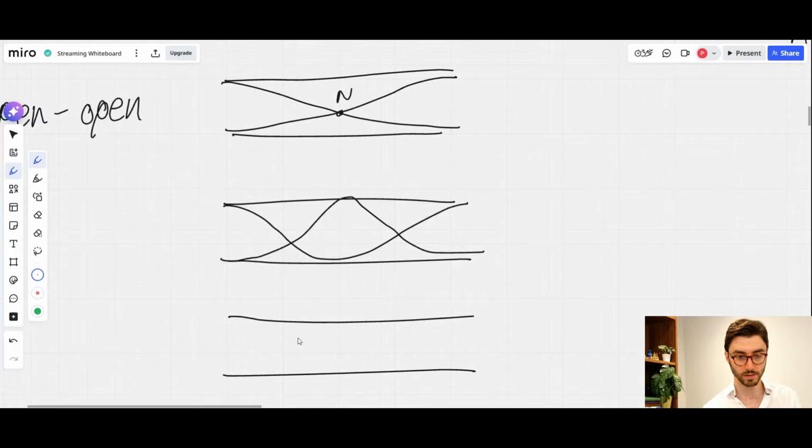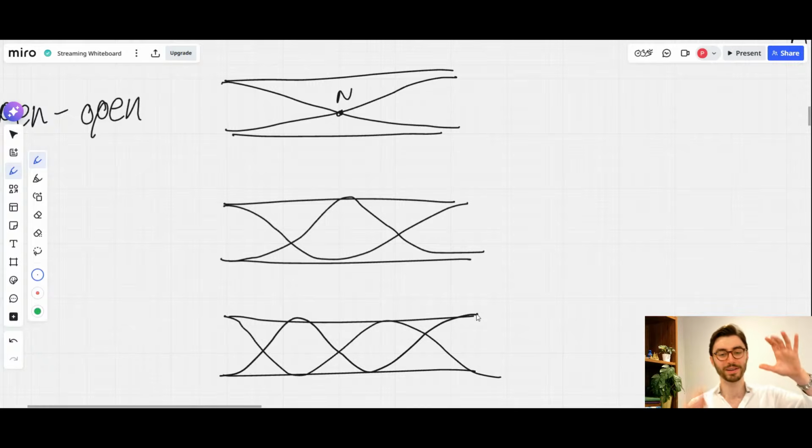So 1, 2, 3, 4. So it'll start there and end there. Nailed it. It can sometimes be hard to coordinate. And let's be honest, we're not here because we draw well. So we just do our honest little best, and that's fine.